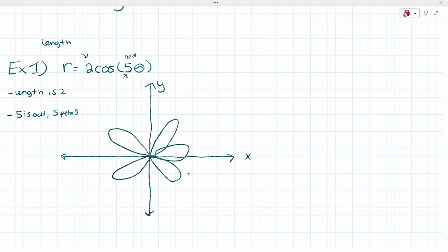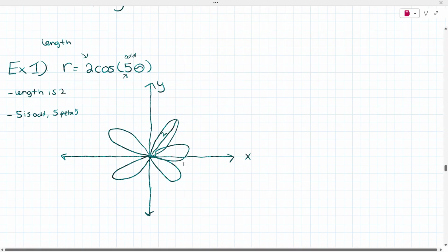And then the length of the petal is 2. Okay, so this is what it would roughly look like.